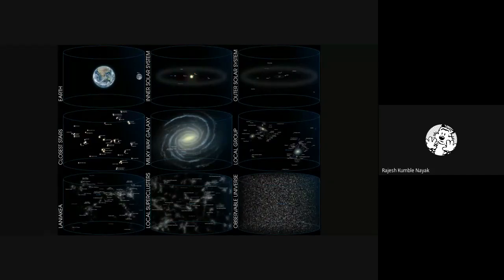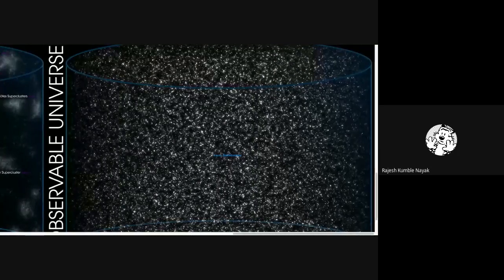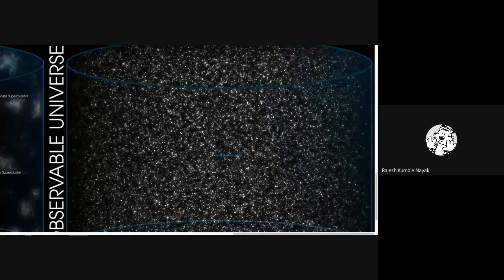Superclusters again have thousands of galaxies, and then it comes to the universe itself. The universe has about 10^11 galaxies, a few billion together. When you look at the universe on that scale, it looks almost homogeneous and isotropic.